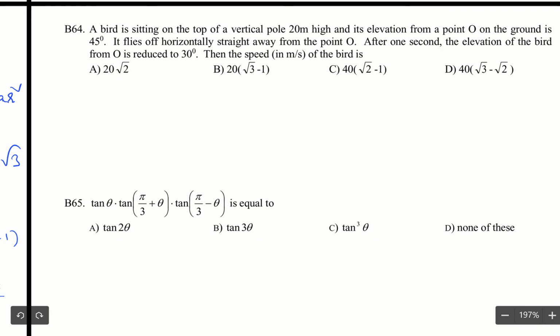And the 64th problem, we have a bird sitting on the top of a vertical pole of 20 meters height, and on the ground from a point O, the angle of elevation is found to be 45 degrees.